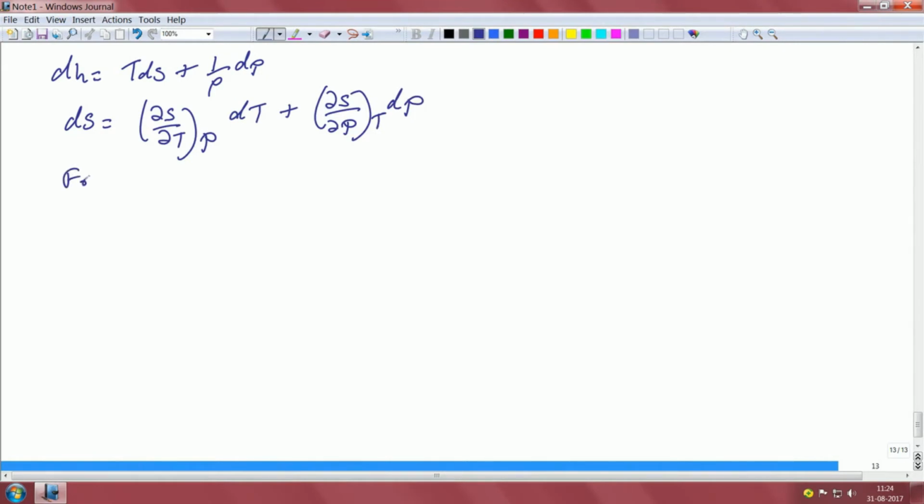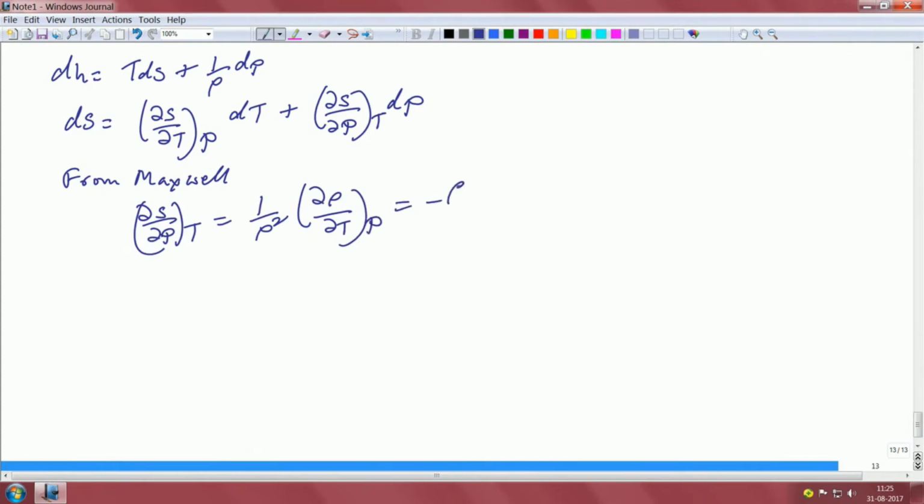Now from Maxwell, these are the Maxwell relations, extremely powerful. So ds by dp at constant T is actually given as nothing but minus beta by rho, where beta is basically 1 over rho into d rho by dt at constant pressure.